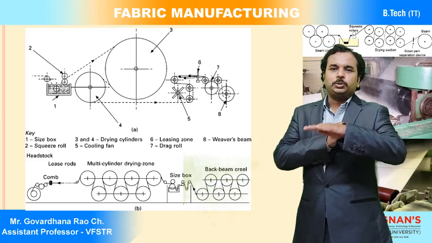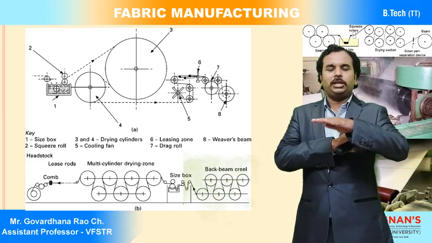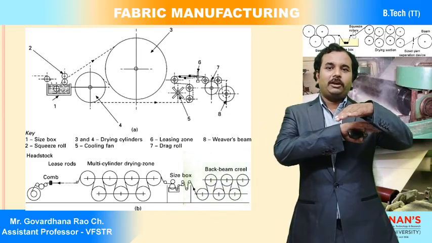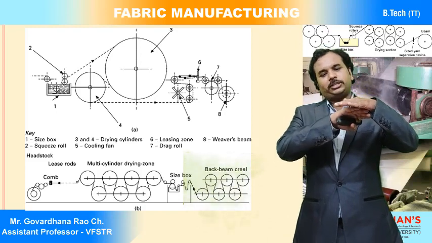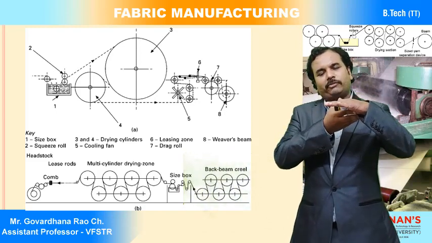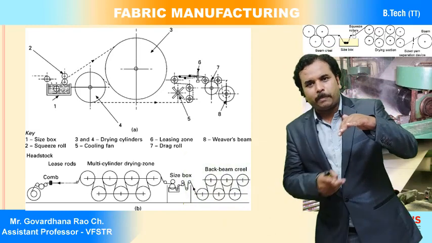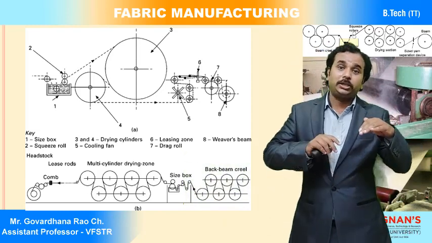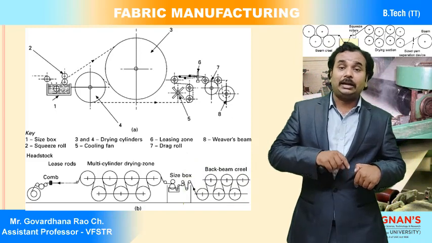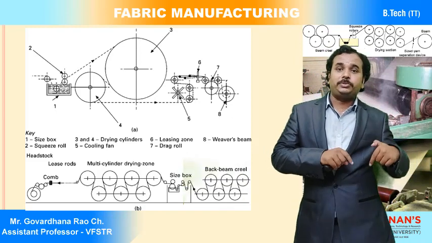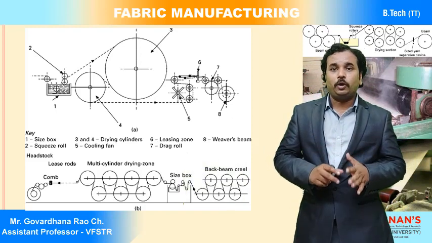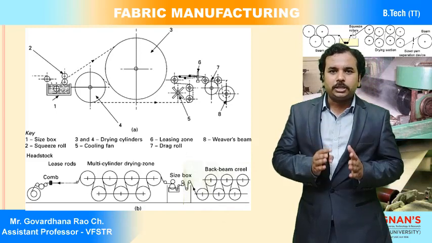So we pass the warp sheet over two cylinders. The first cylinder dries one side of the warp sheet, and the same warp sheet is passed above the second cylinder, so that in the second cylinder the second side of the warp sheet is dried.